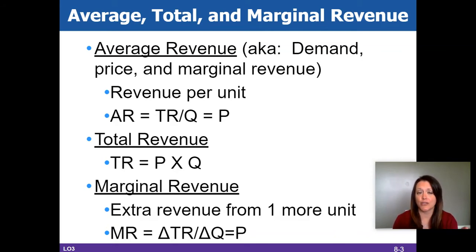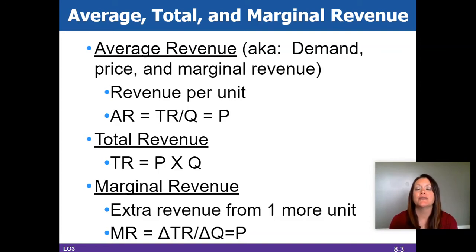It'll be a horizontal curve at the price of the item. It's also known as marginal revenue because here your revenue or your price will be fixed because this is a market price in perfect competition. Therefore, your average is going to be the same as your marginal. And we'll look at that more closely when we look at the graphs in just a second.